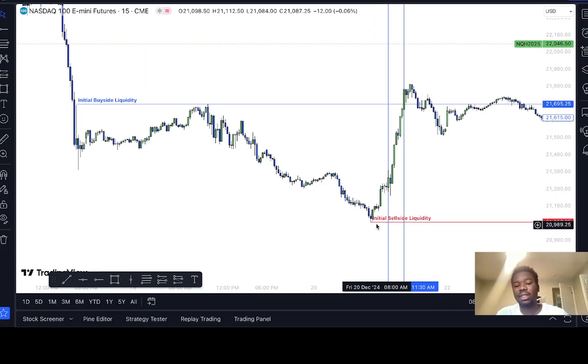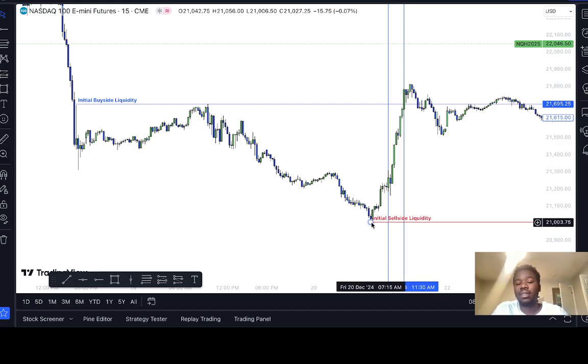So yeah, we have our sell side and our buy side marked out. Another thing you want to look for in the market would be equal highs. The market has a high probability of wanting to take out equal highs and equal lows. So when you see those in the market, those are really good to add to your confluences to say, hey, market's probably gonna aim for this level of liquidity.